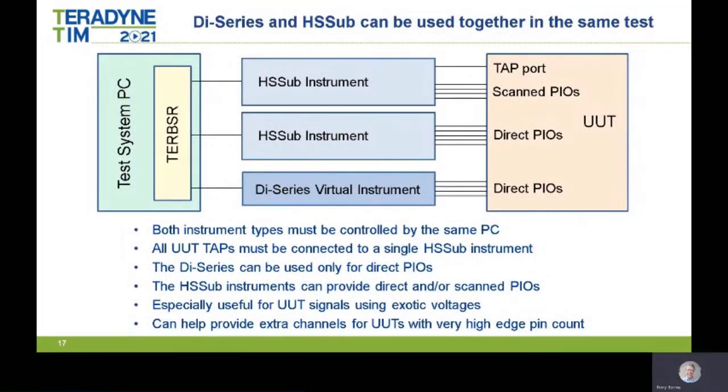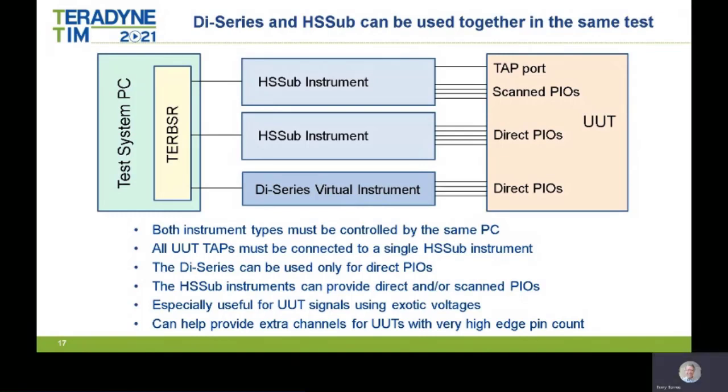Now, also on the subject of PIO access, I just want to take a minute here to let you know that we've done some recent work so that you can now additionally use a DI series virtual instrument to provide direct PIOs in a boundary scan test where the taps are controlled by an HSSub instrument. To do this, you have to hook things up as shown in this sketch. All of the instruments have to be controlled by the same PC.